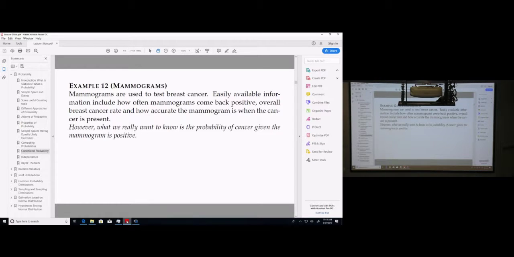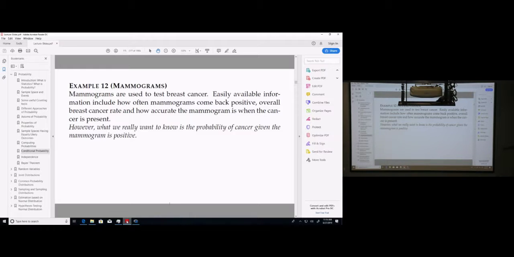Okay, mammograms. Mammograms are used to detect breast cancer. Easily available information includes how often mammograms come back positive, the overall breast cancer rate, and how accurate the mammogram is when the cancer is present. What these two sentences are saying is this: when you devise your mammogram and test how accurate it is, you have to do it in two steps: the calibration of the diagnostic test.